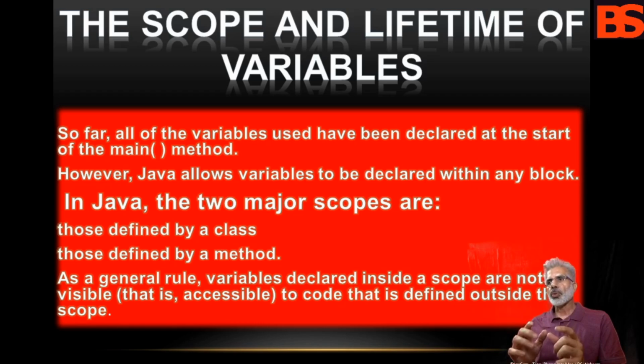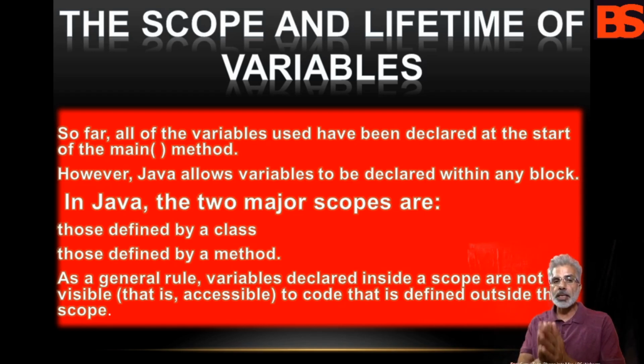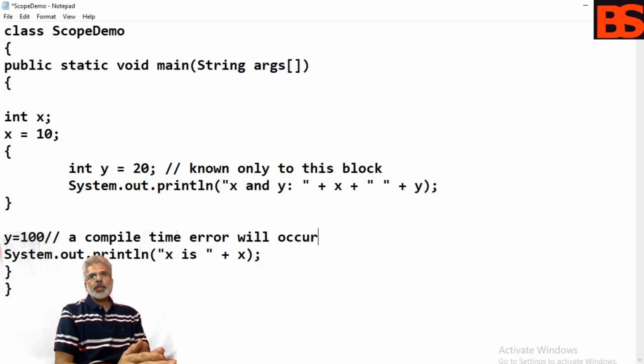As a general rule, variables declared inside a scope are not visible, that is, not accessible to code that is defined outside that scope. In this program, the variable x is declared at the start of main scope and is accessible to all subsequent code within main.